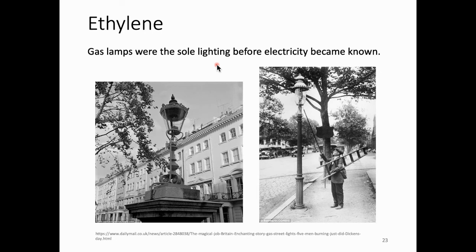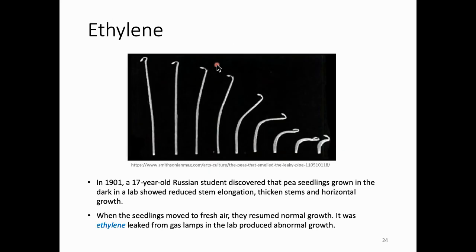But ethylene was discovered to be a plant hormone by the fact that one scientist, who was very young, 17 years old, was working in the lab. The lab has a gas lamp, and one day he found that the plants growing in the lab had something different.